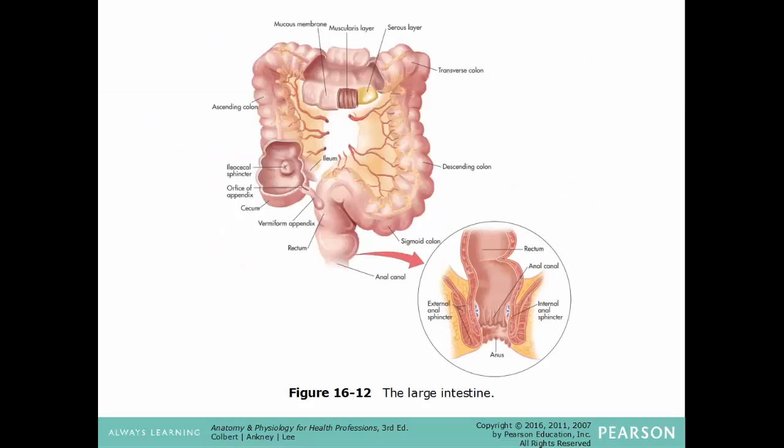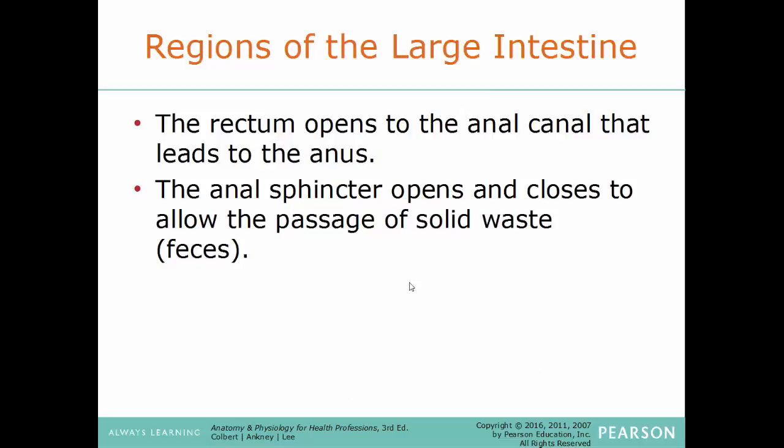So going back to this image, the cecum, the first part here, material goes upward, so the ascending colon, it will turn this way, transverse colon, it will turn downward, descending colon, and the last part, this S-shape curve, the sigmoid colon, then into the rectum. Now the rectum is what opens to the anal canal that will lead to the anus.